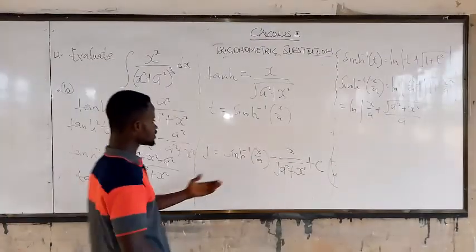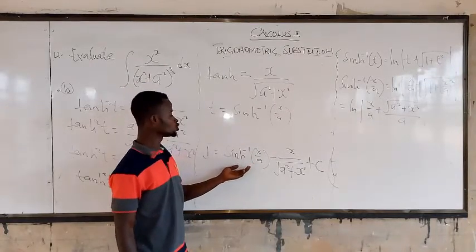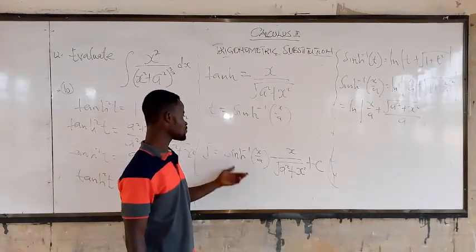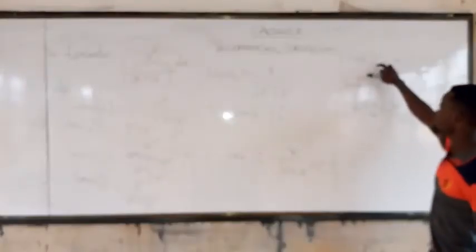Now, this is supposed to be the final answer, but we still need to use our algebra to reduce this. That is why we learned hyperbolic inverse. So sine inverse is the same as this. Therefore, here we put t to be equal to s over a. By substitution we get this, and to achieve the same denominator, here is s squared over a squared, and here a squared over a squared, which is the same as 1.